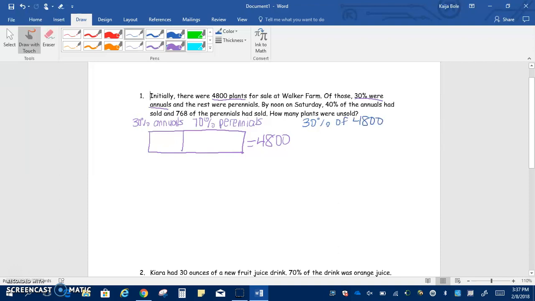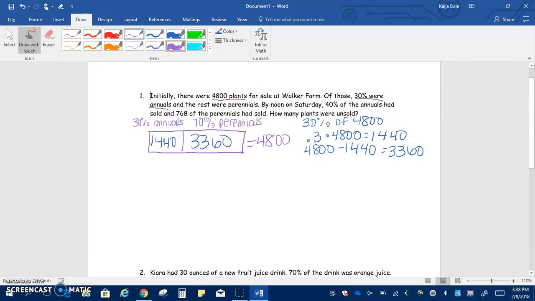So if we used our equation, we would have 0.3 times our whole, which is 4,800, and that gets us our part, which would be 1,440. So that goes on the inside here. And then to find our other one, we would do 4,800 minus 1,440, and this would be 3,360, and that would go for our perennials.